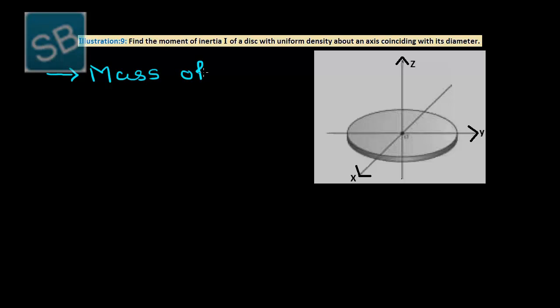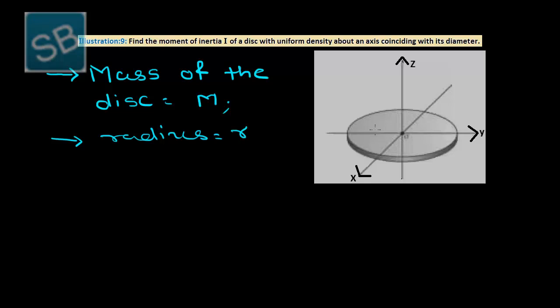The first is the mass of the disc, which is capital M. Then its radius is small r. Here it is not described.